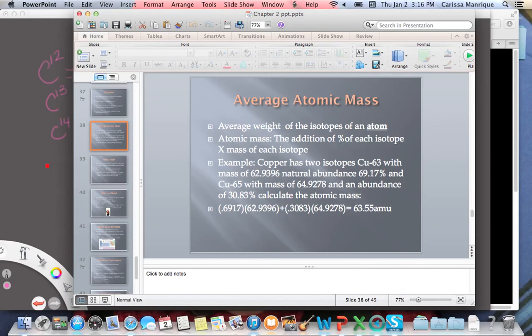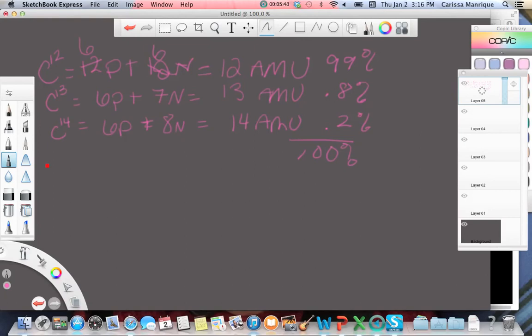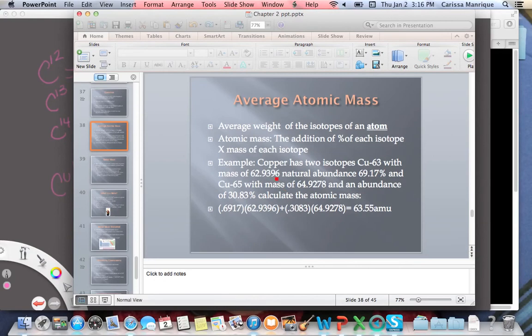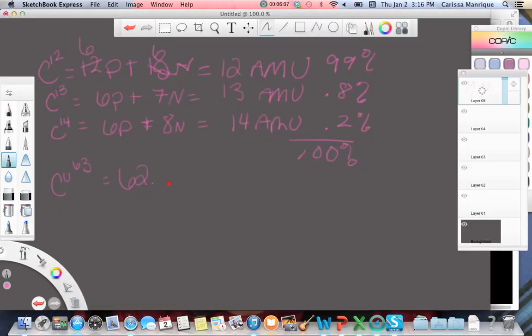We have copper 63, and it weighs 62.9396.